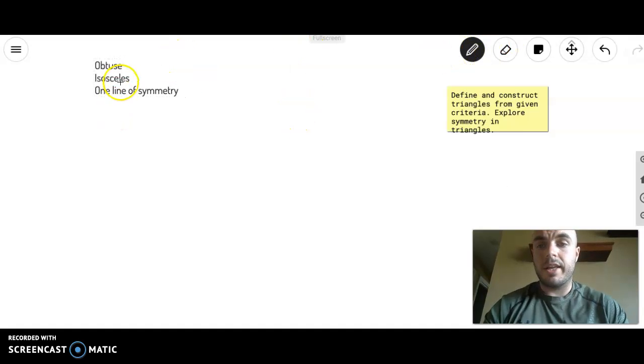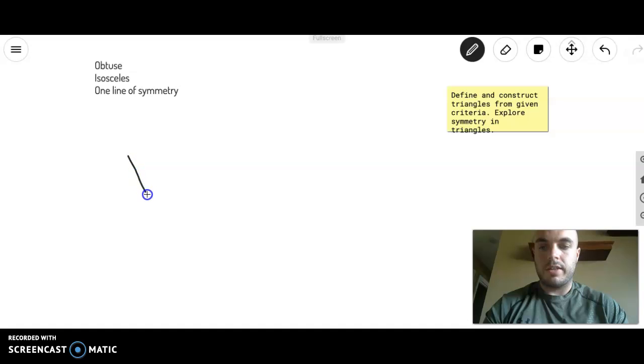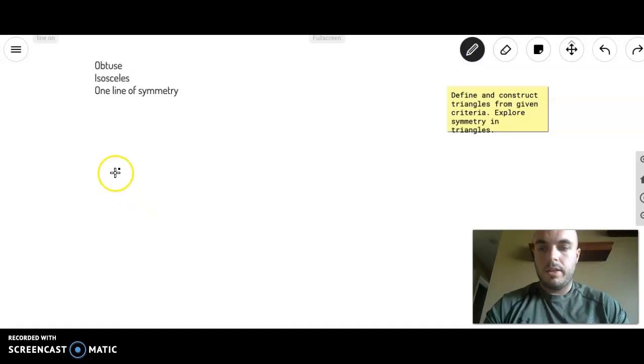So first I need to create an obtuse triangle. To do that, I'm going to take two lines, and let's draw this line. Let's use my line tool. I'm going to first draw my line like this, have it come down here, and my next line like this. Perfect.